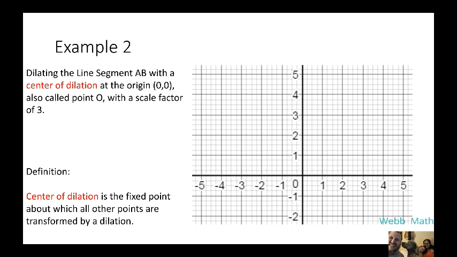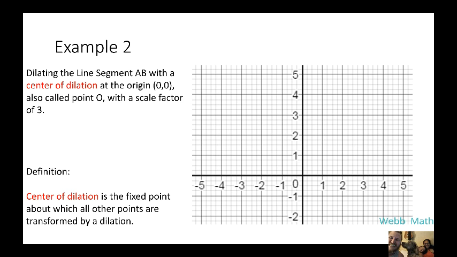Example 2. Dilating the line segment AB with a center of dilation at the origin, 0, 0, with a scale factor of 3. Also note, the definition of the center of dilation is the fixed point about which all other points are transformed by a dilation.